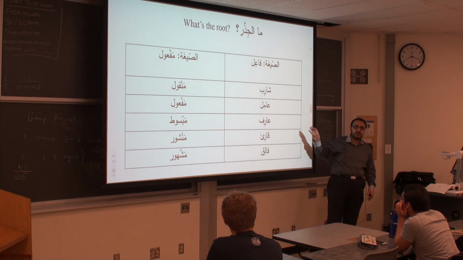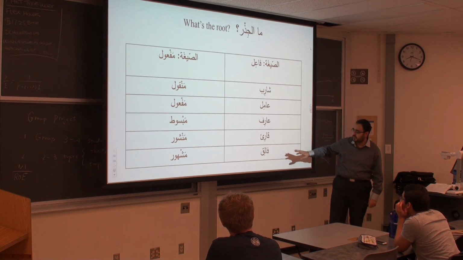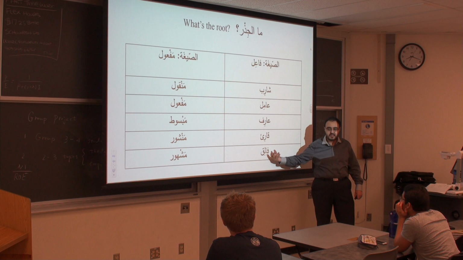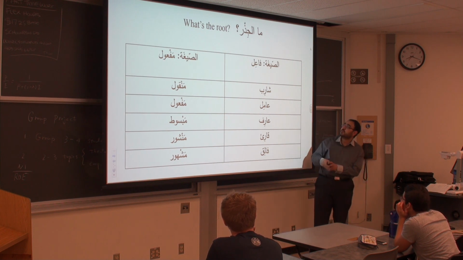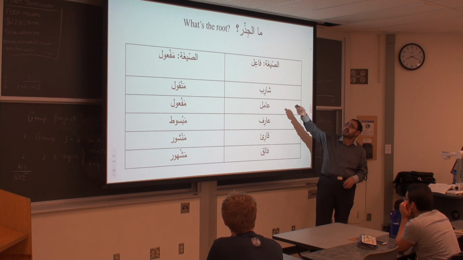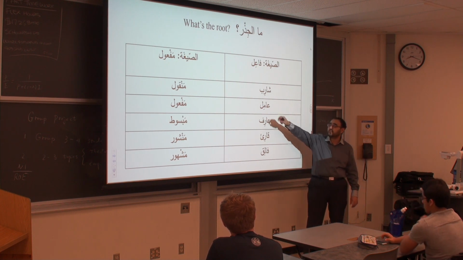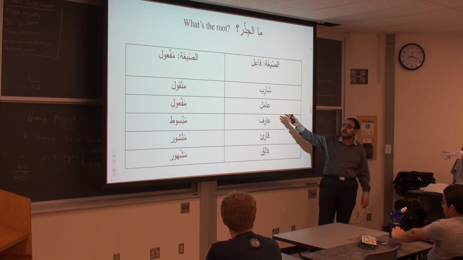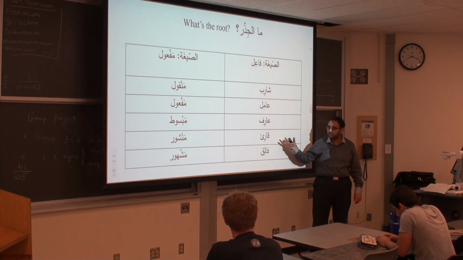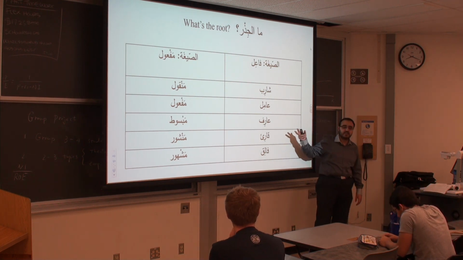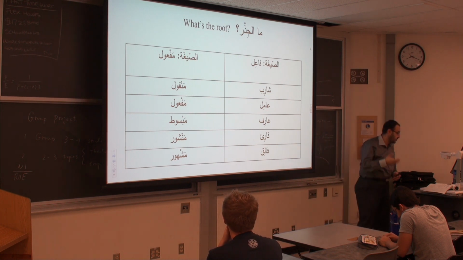In all of these cases, it's just the pattern fa'al. We have nothing added to the pattern. So in these cases, it will be easy to guess the root. You just remove the alif, forget about the kasra, and you will have the three letters of the root, so it will be shin, ra, ba, ayn, mim, lam, etc. So no one of you yesterday had a problem with this activity, so we all got it correctly.